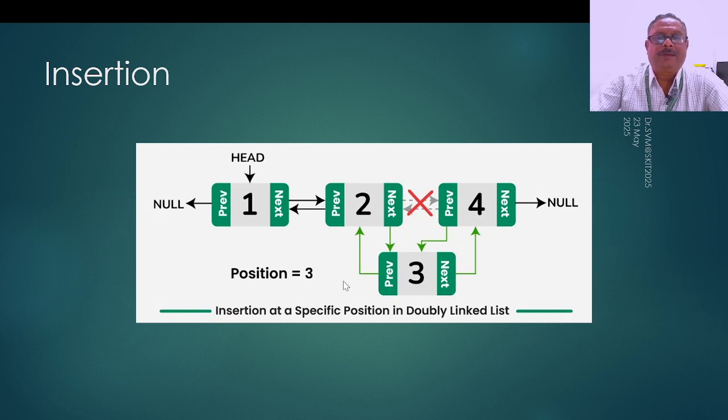So if we want to insert at position number 3, after 2 we stop. That means position minus 1. Till we reach position minus 1, we keep forwarding in the linked list from the head, and once we reach there, these adjustments are done.